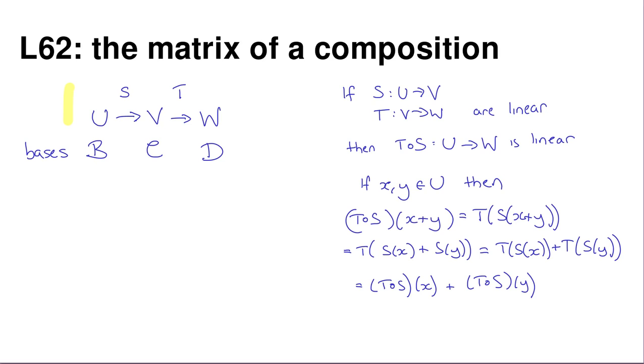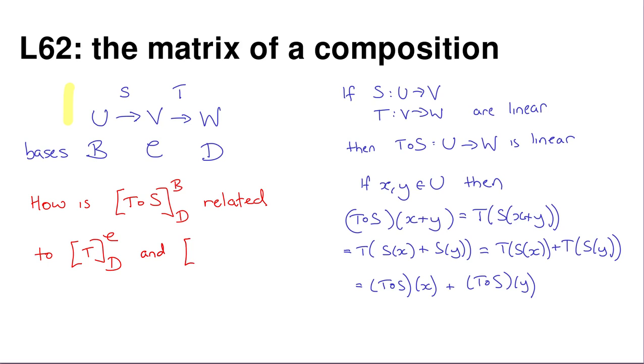And we can ask the question, how is the matrix of T composed with S with respect to the initial basis B and the final basis D related to the matrix of T with respect to initial basis C and final basis D, and the matrix of S with respect to initial basis B and final basis C?